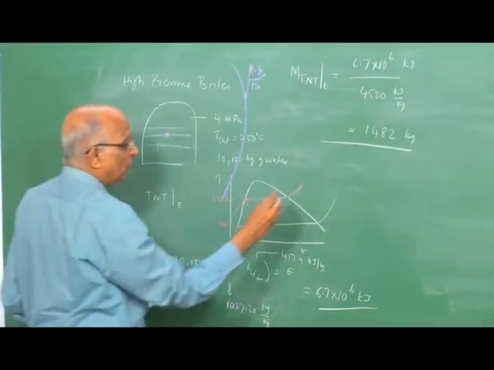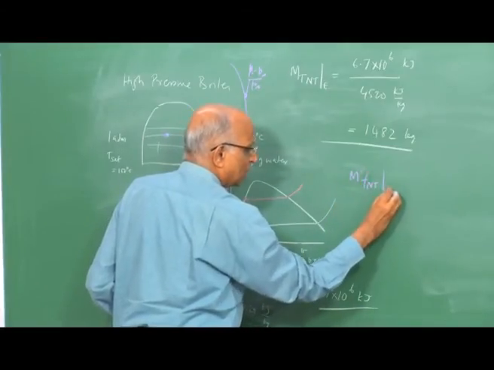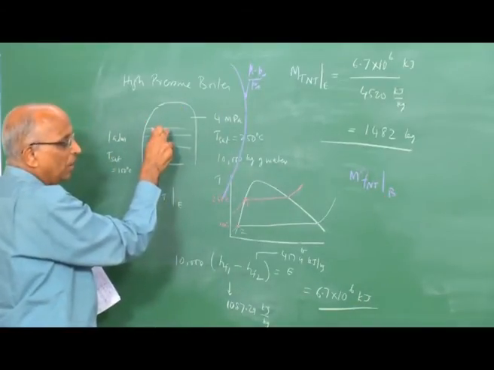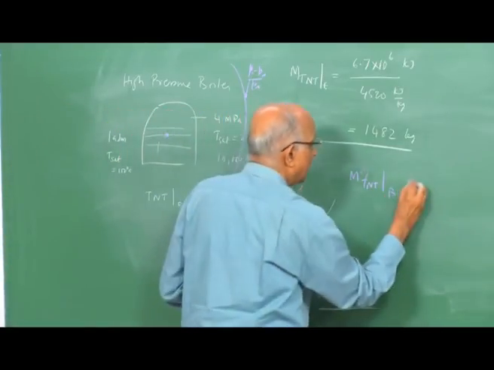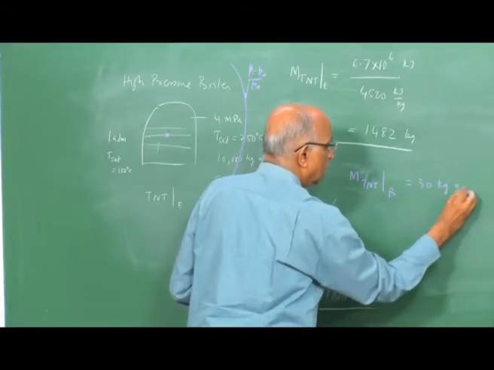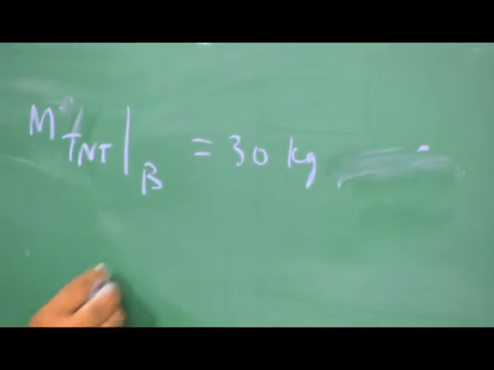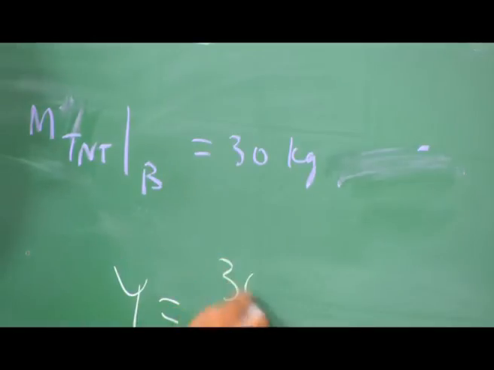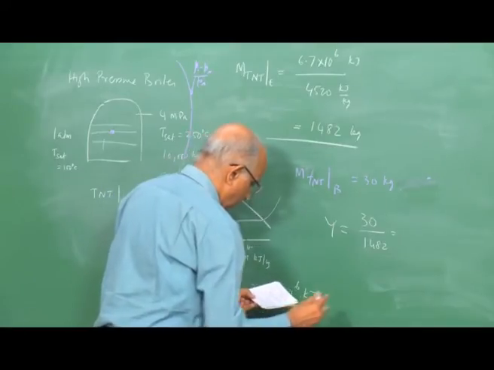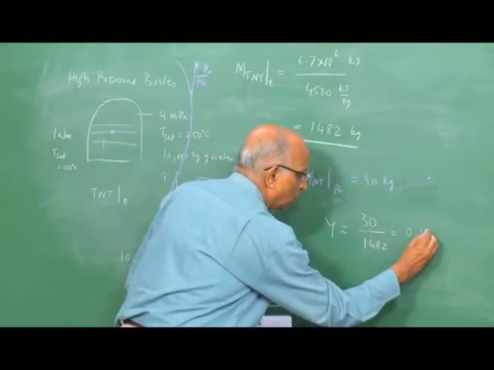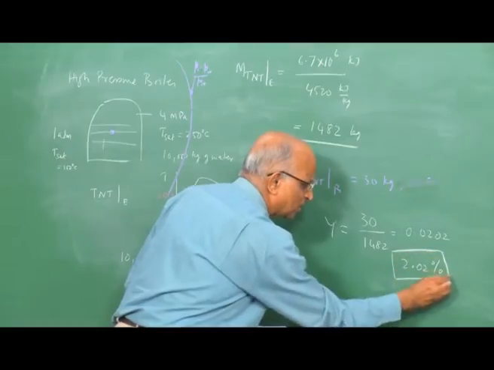I find that the mass of TNT which causes the same blast damage as when the boiler ruptured is, let us say, 30 kg of TNT. Therefore, the yield of this explosion is 30 kg divided by 1482 kg, which is 0.0202, or 2.02%. This is the percentage yield of the explosion.